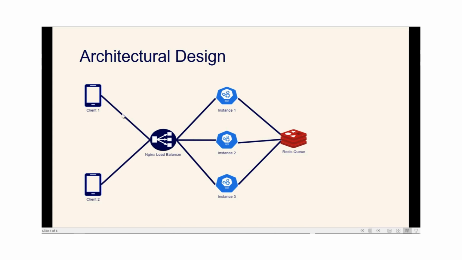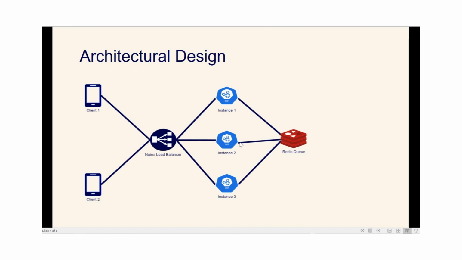Meaning if client 1 emits an event, only instance 1 will receive that event, not instance 2 or instance 3, right? Same if client 2 emits an event to instance 2, only this instance will know about this event, not instance 1 or instance 3, since the connection is between client 2 and instance 2, right?